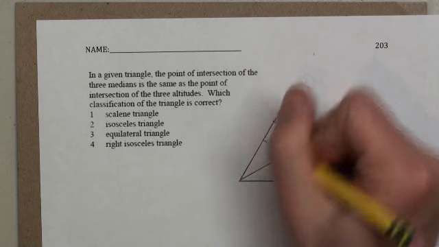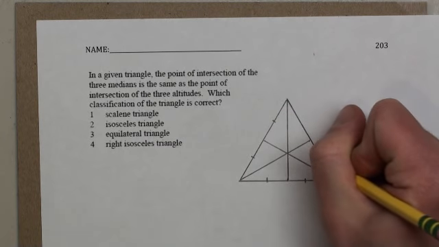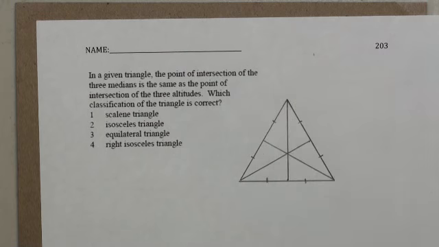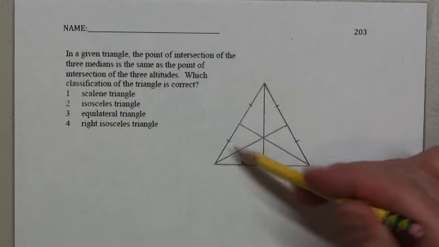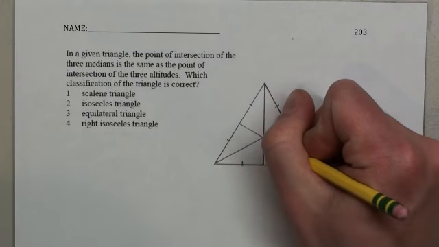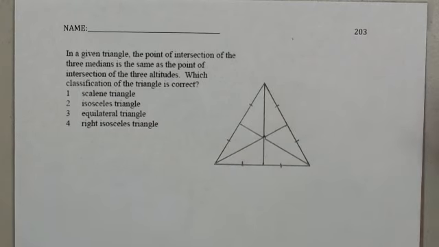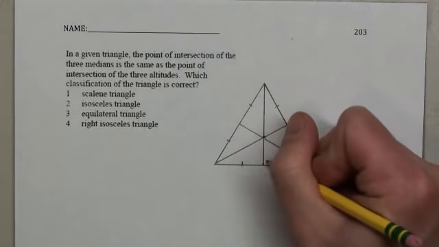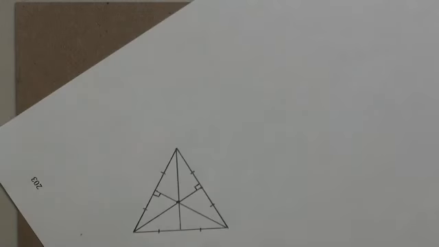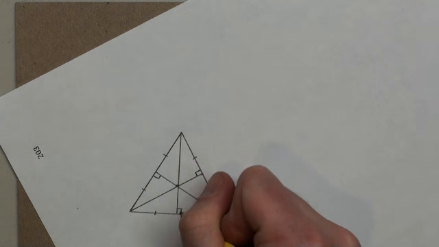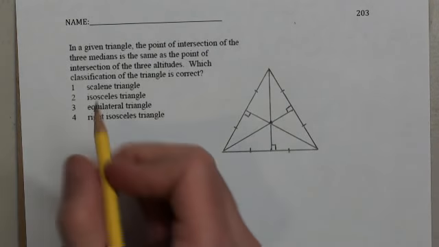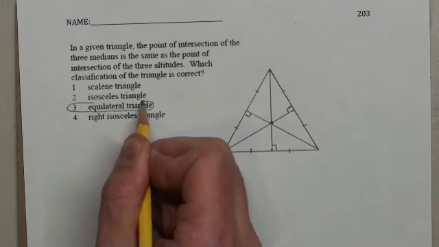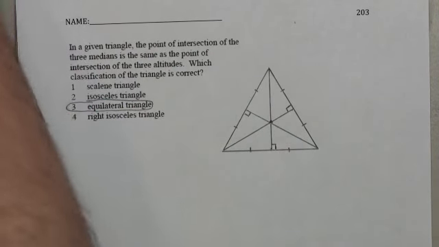So, in this triangle, we actually know that all of these pieces will be the same. Okay, because it's equilateral. And they're all cut in half. So if they were all 2 inches and they were all cut in half, now they're all 1 inch. So the medians meet right here. That's the centroid. And these are also going to be the altitudes. Okay, so actually you can see right away that it is, in fact, an equilateral triangle.